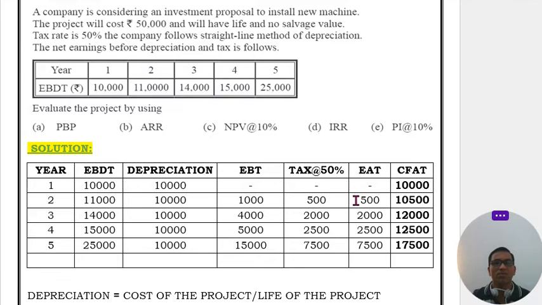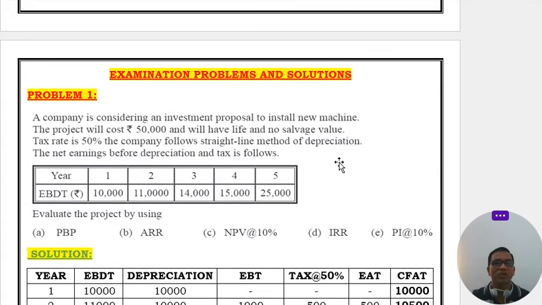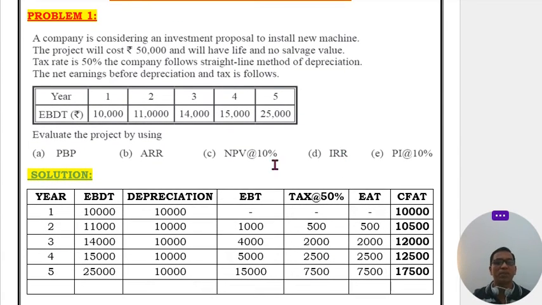So this is the one problem solved by using all 5 methods: payback period, ARR. These two are traditional, non-discounted cash flow methods. NPV, PI, IRR. These 3 methods are modern, discounted cash flow, time adjusted methods. All 5 methods are calculated using the single problem.